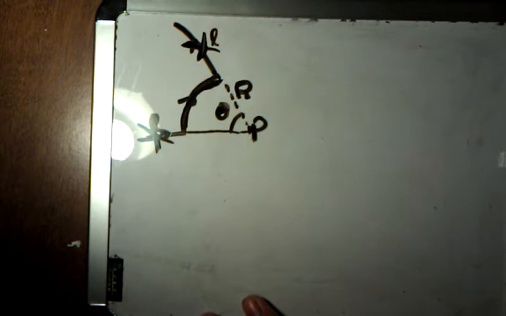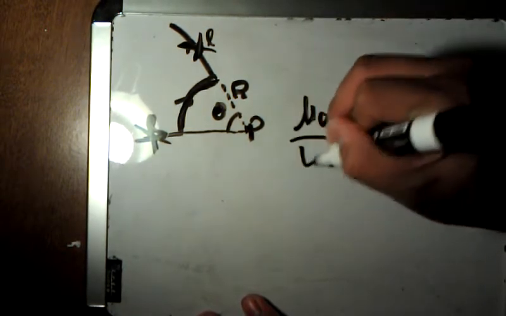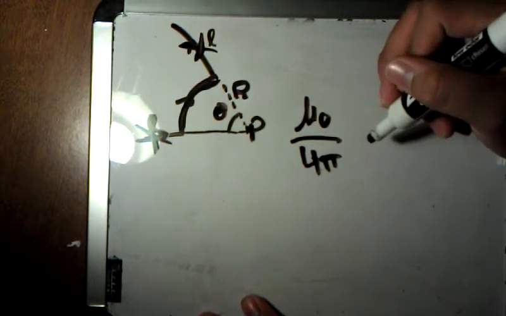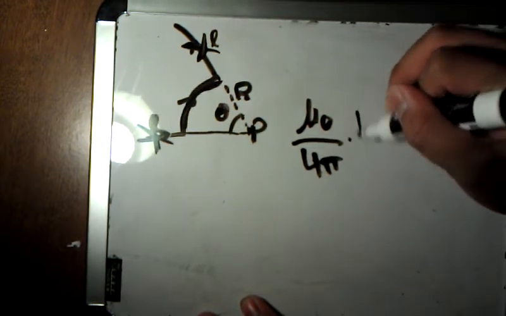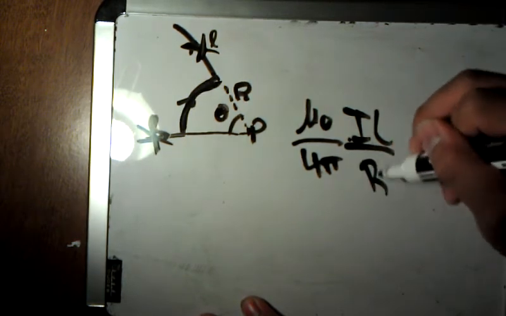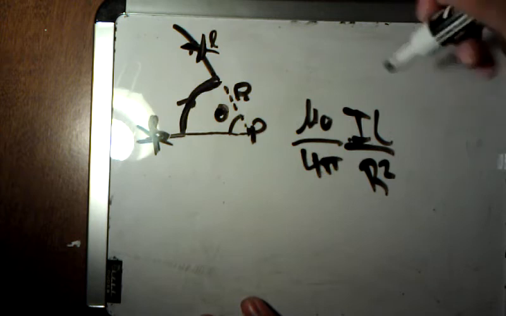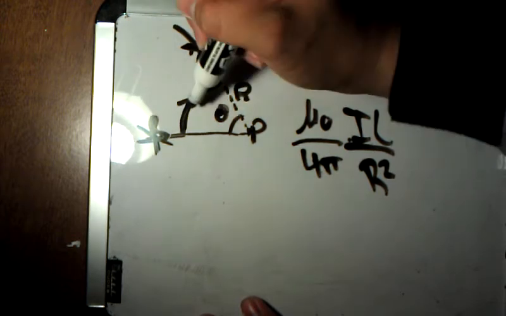So we have this now. I'm going to make a little more space. Now that we have that, we can see that we'll get mu naught I over 4 pi times IL over R squared. And we know that the arc length itself is just R theta, right? Because that's kind of a given right there.